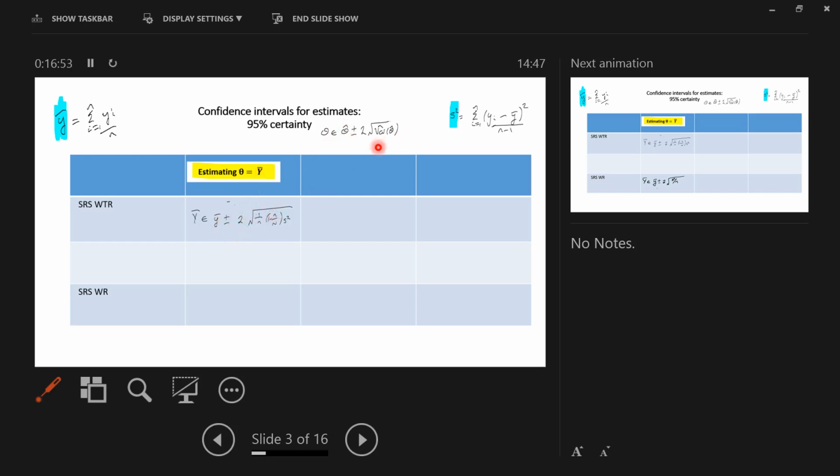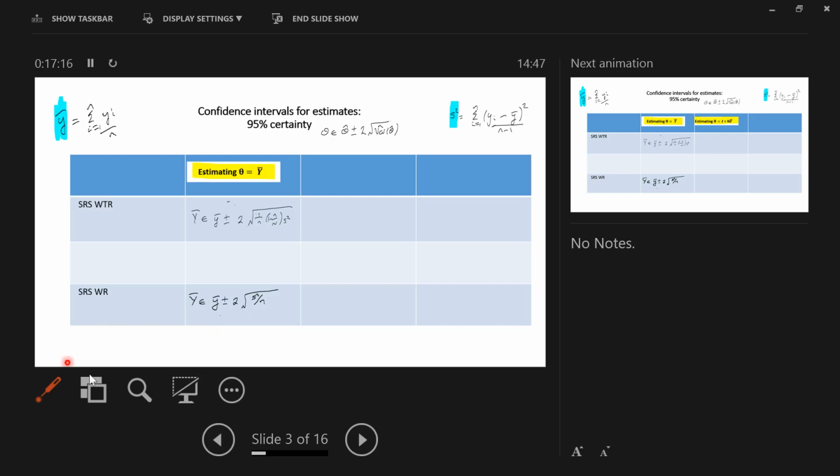If you look back at the previous slide, this variance is exactly what we said the variance is: 1 over n, 1 minus n over N, times S squared. But it's the estimated variance. You see this hat here. So you take the estimate plus or minus twice the square root of that one. It's really very straight from the previous one.